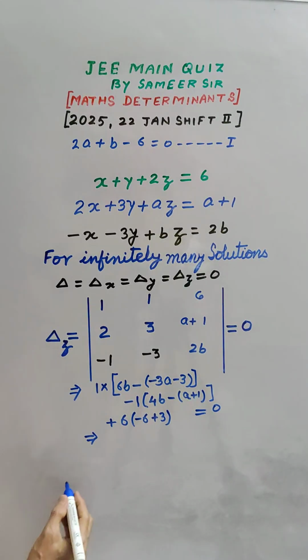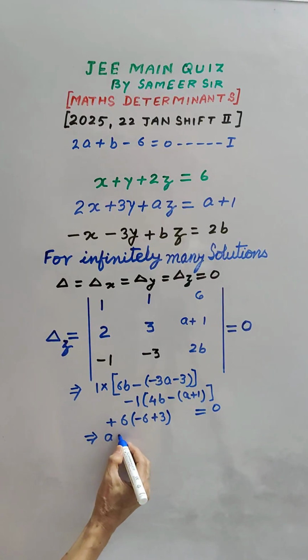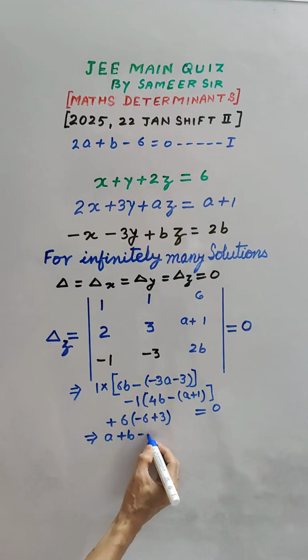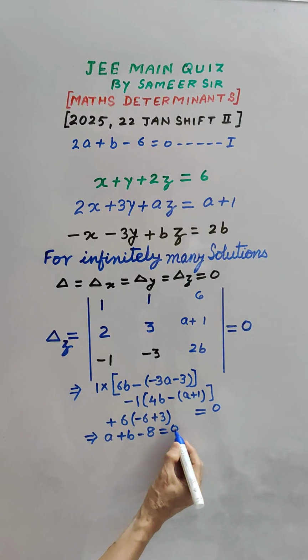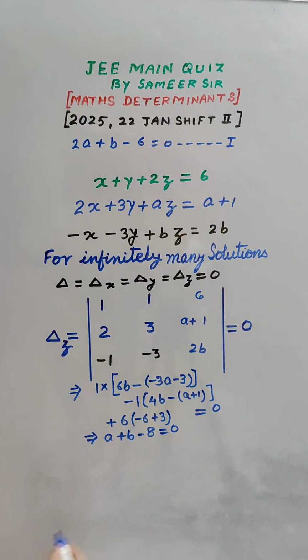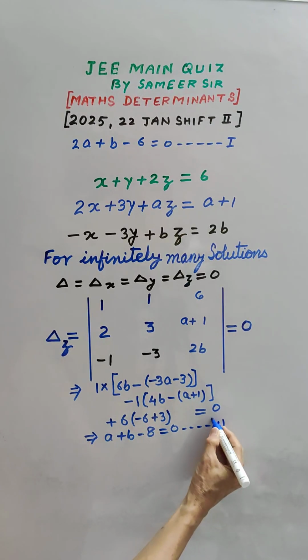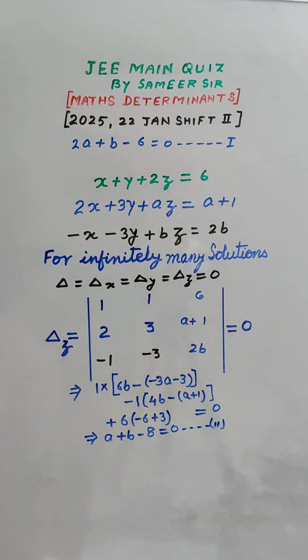On solving this all we shall get a plus b minus 8 is equal to 0. Say it is equation number 2. That is equation number 1 and this is equation number 2.